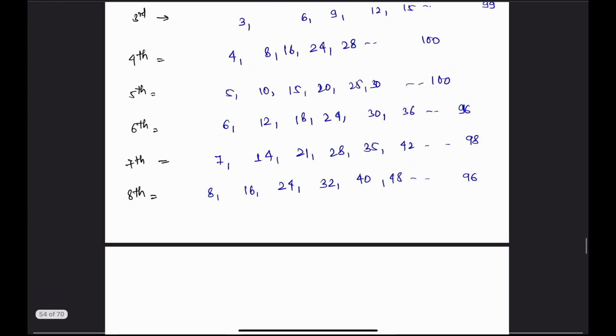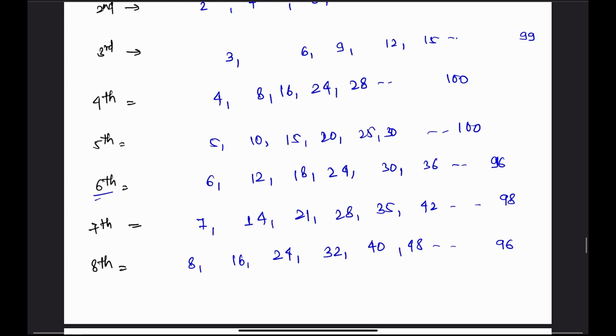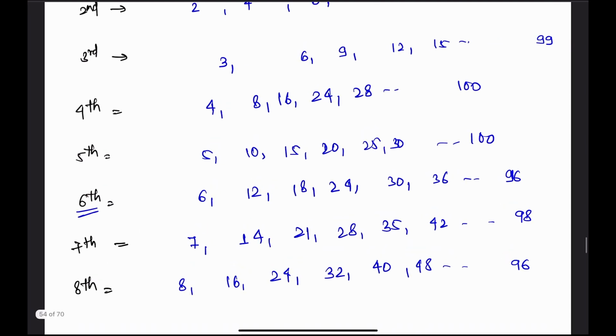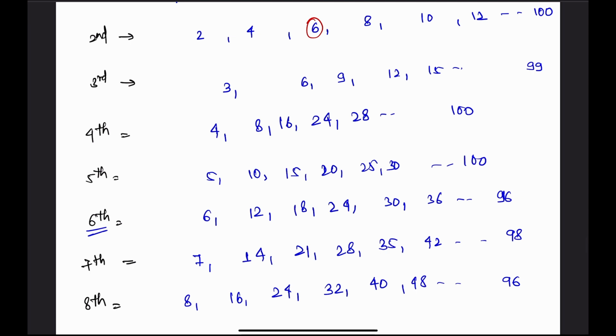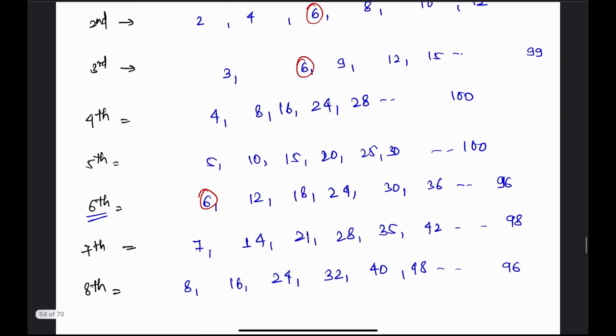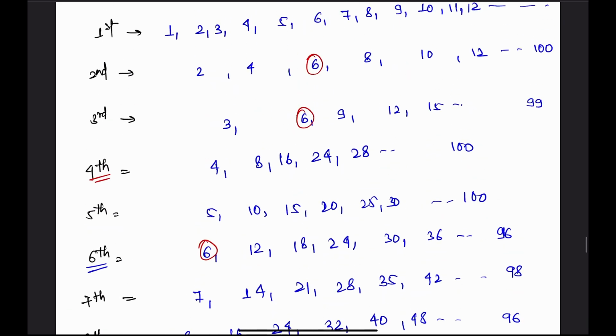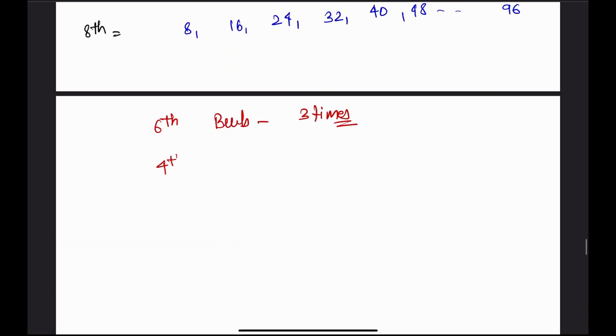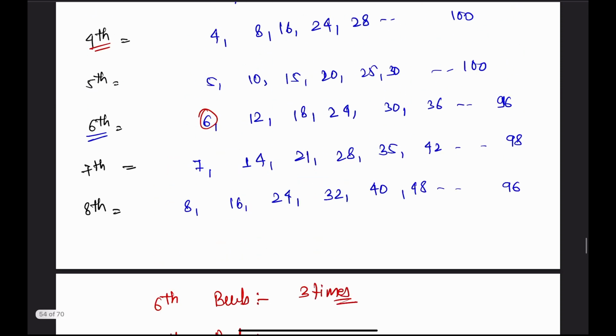Let's take the example of the sixth bulb. How many times is its state changing? 1, 2, 3, 6, so the sixth bulb changes 4 times. Why am I taking only these? Because the 9th and 10th persons will not bother the sixth bulb.